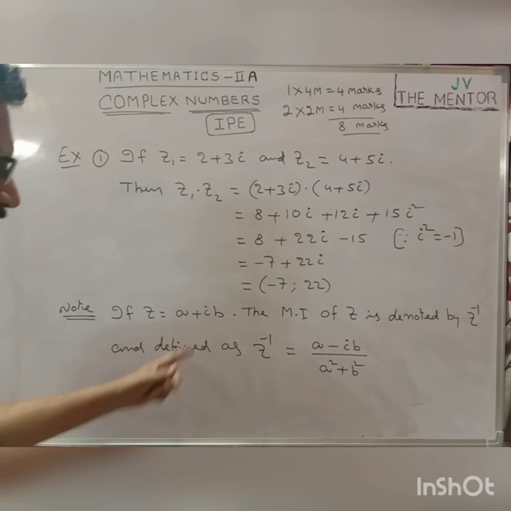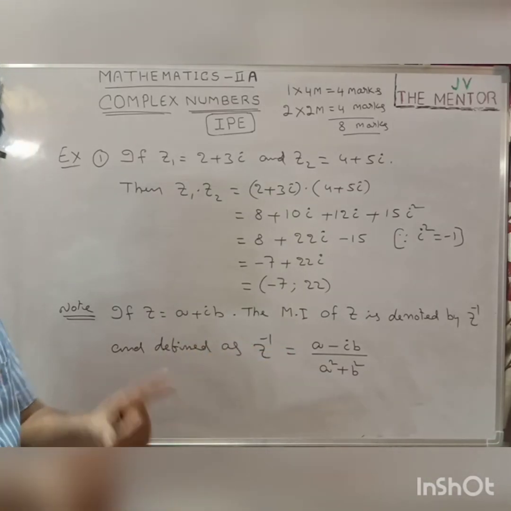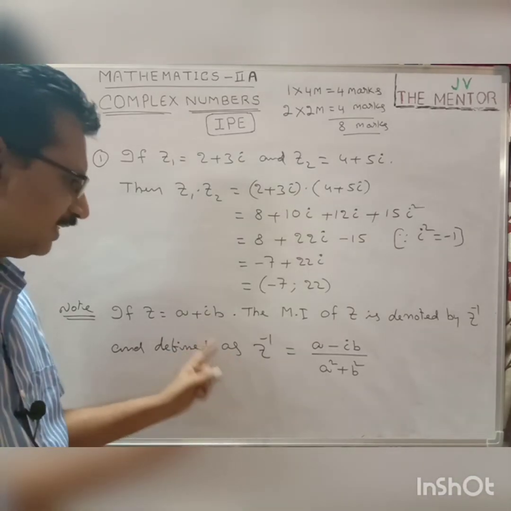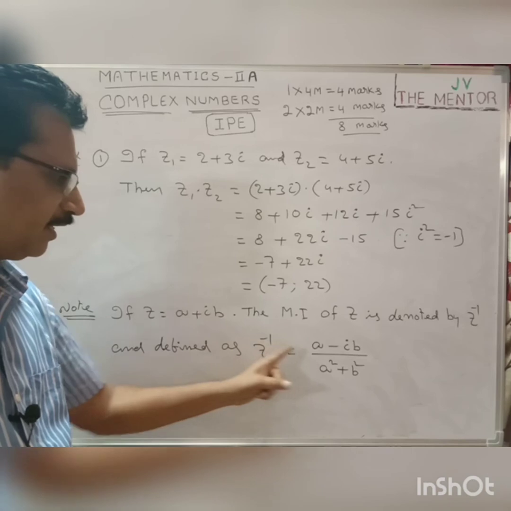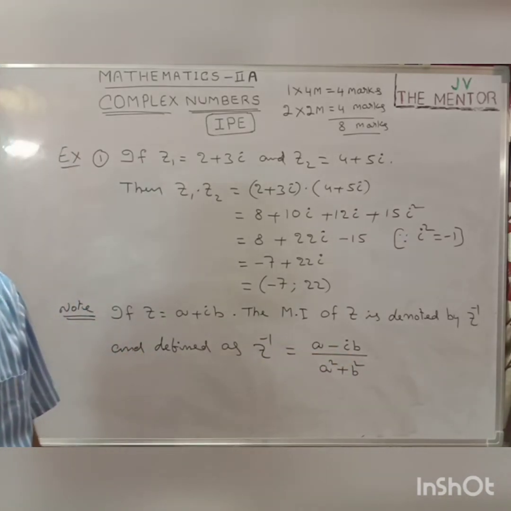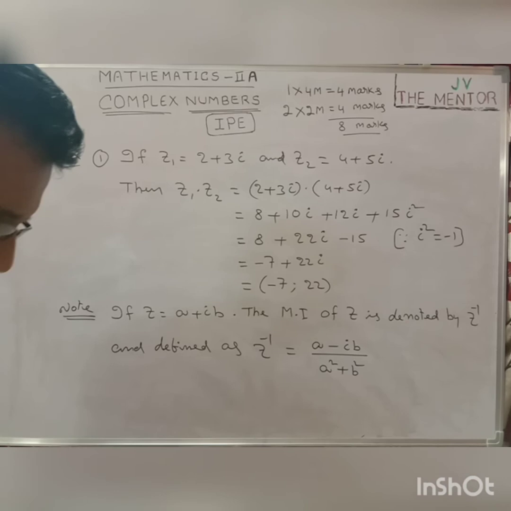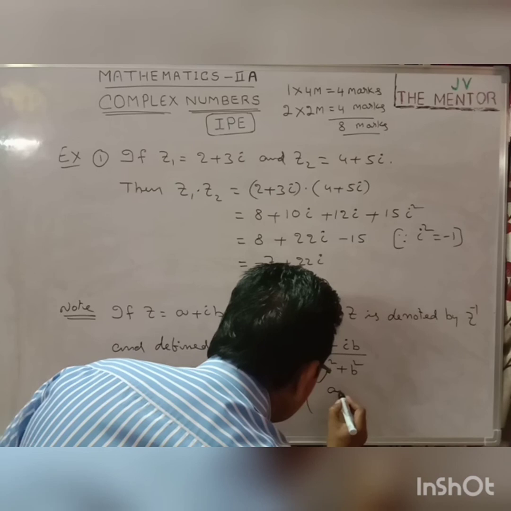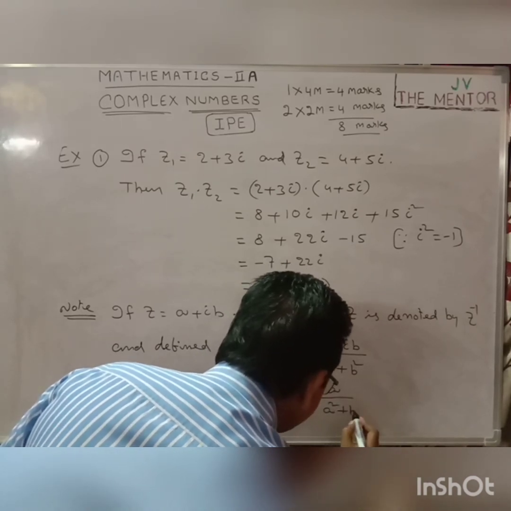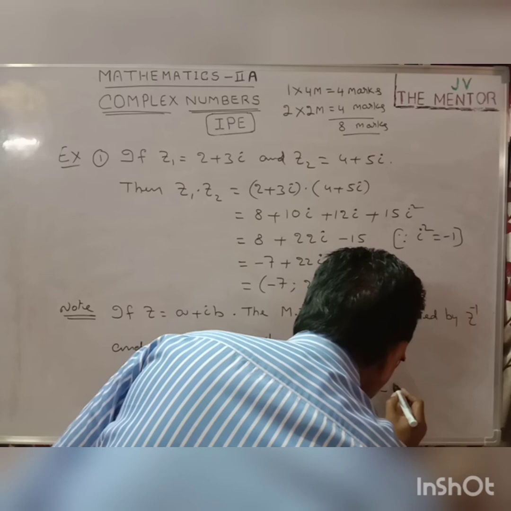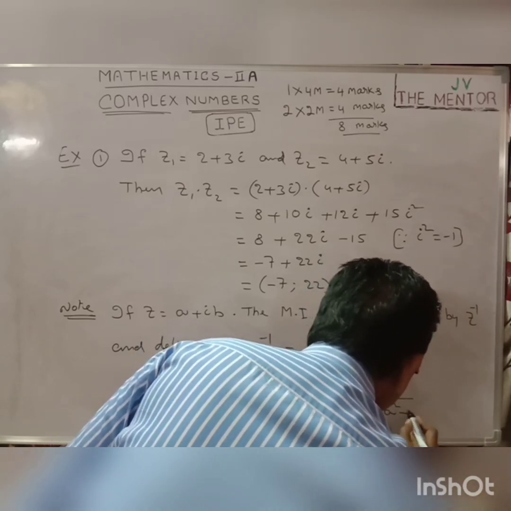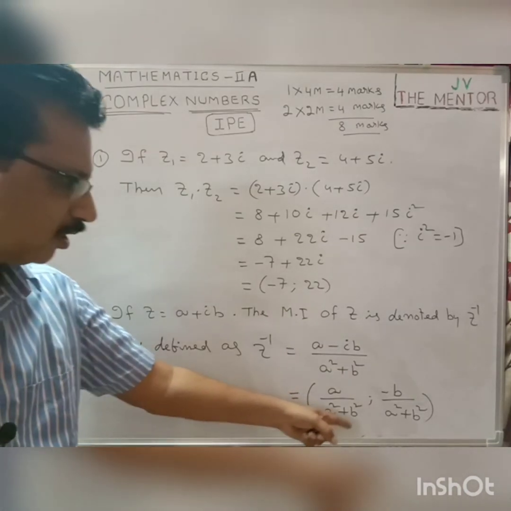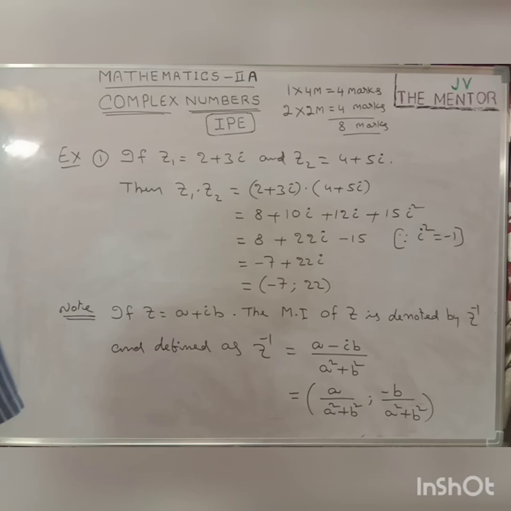That means z into z power minus 1 should be equal to 1. Okay? The multiplicative inverse of z equal to a plus ib is a minus ib by a square plus b square. Now in ordered pair form, a by a square plus b square comma minus b by a square plus b square. This is in ordered pair form. This is real part, this is imaginary part. Okay? Write down, students.